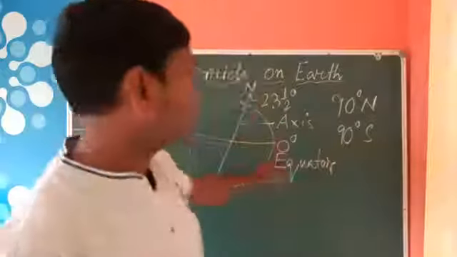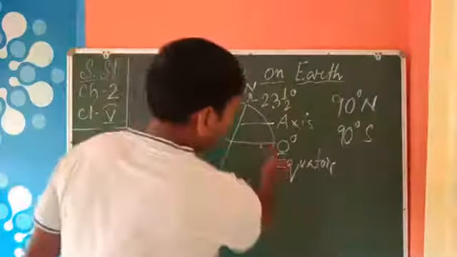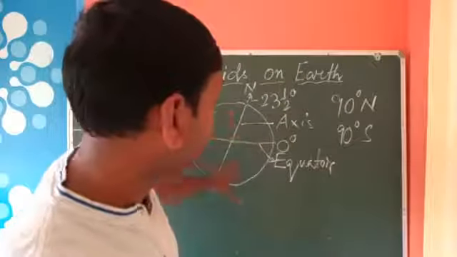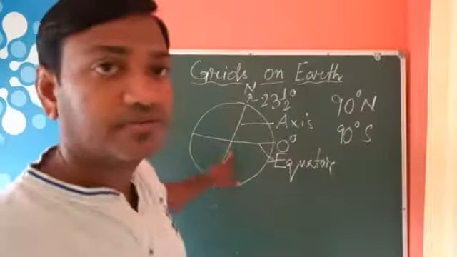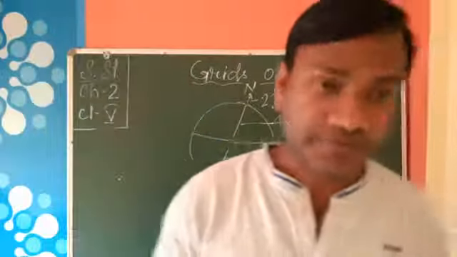This 0 degree is called the equator. That means this line is called equator, and it divides the globe. You can see here, it divides the globe into two equal halves.